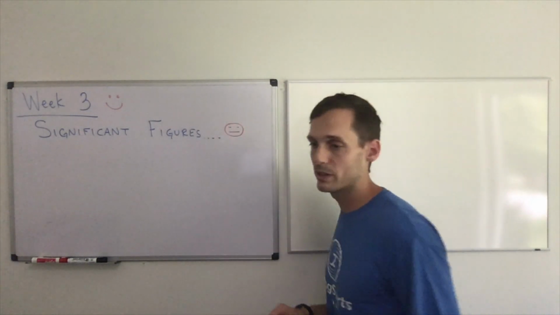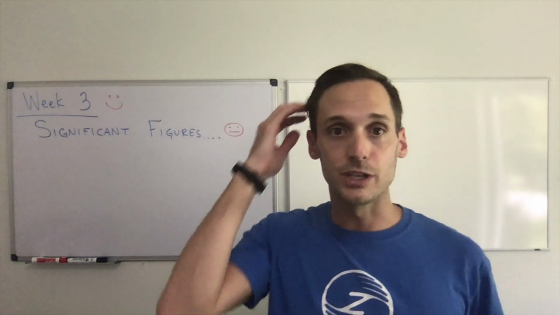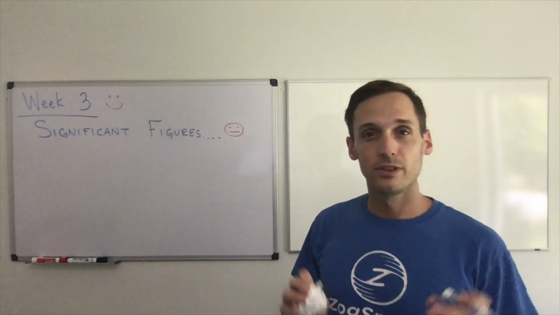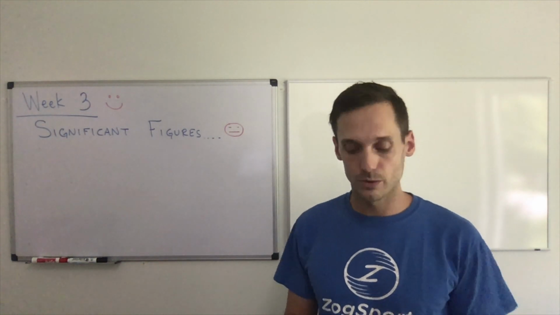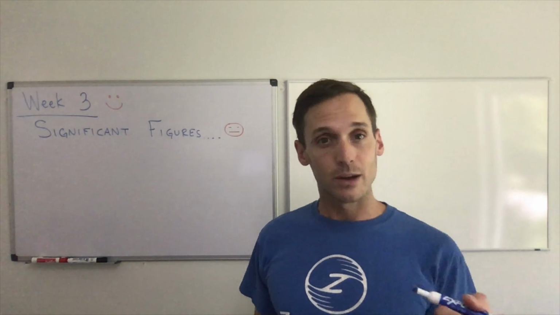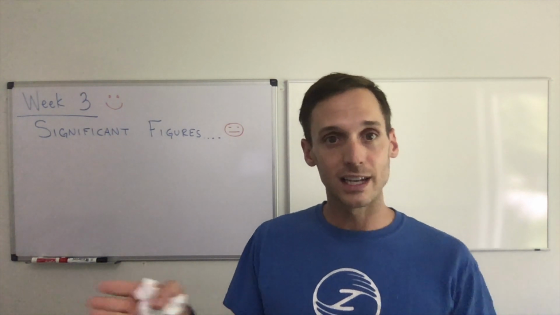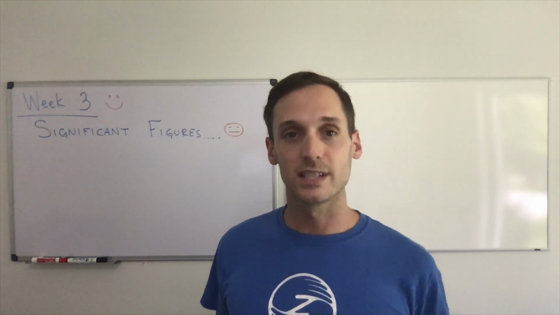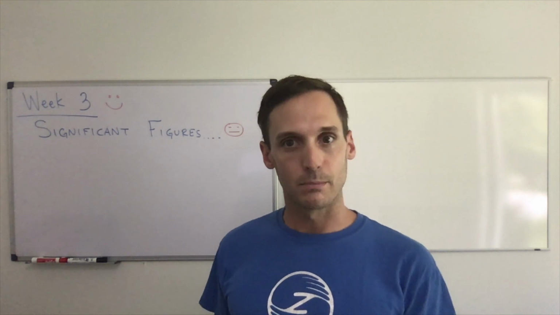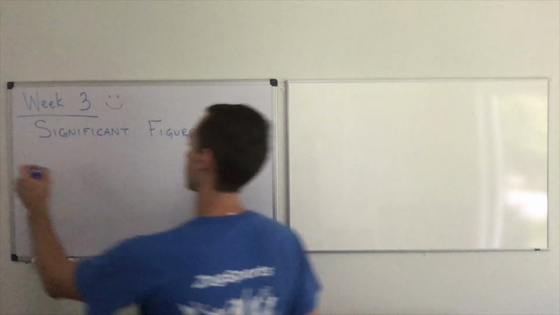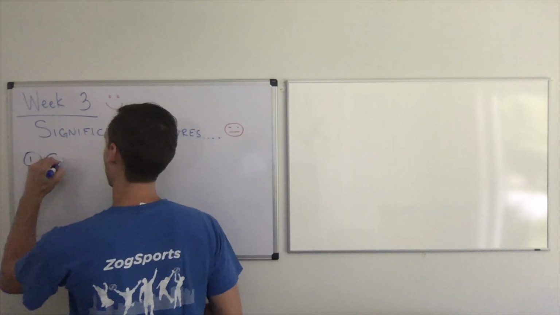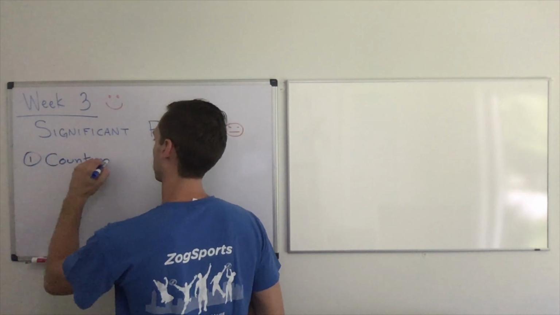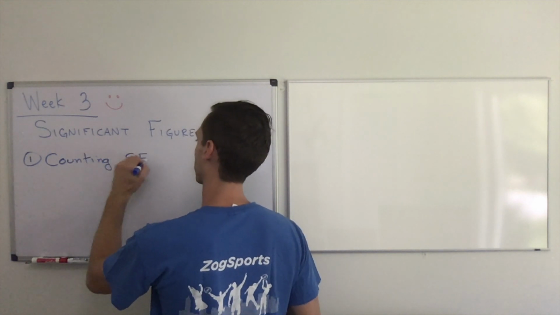And they're really important in all of the calculations that we do in chemistry. But for this lecture, I'm just going to teach you first how we count significant figures in a number, and then how we round to a correct amount of significant figures in a number, okay? So let's start first with counting sig figs.